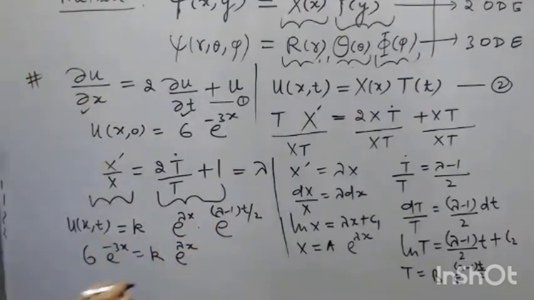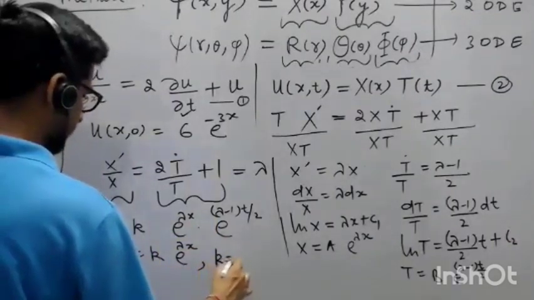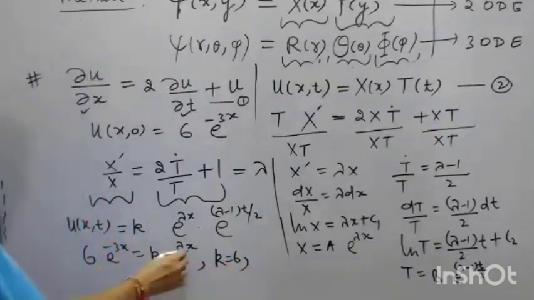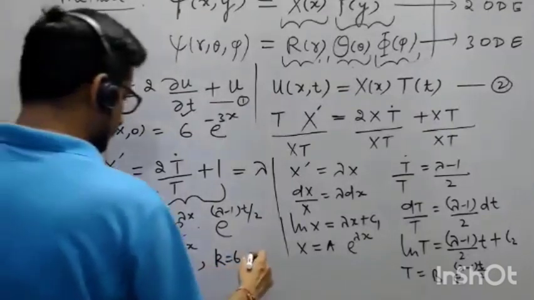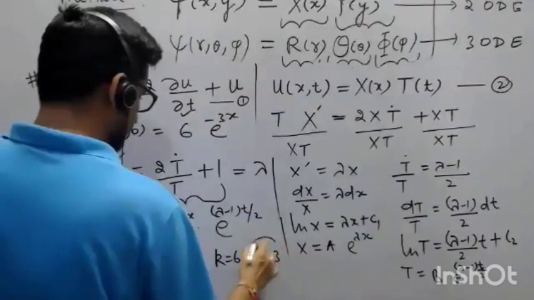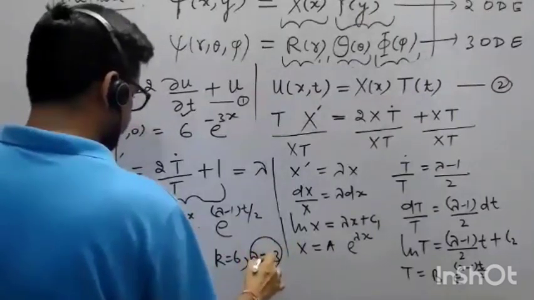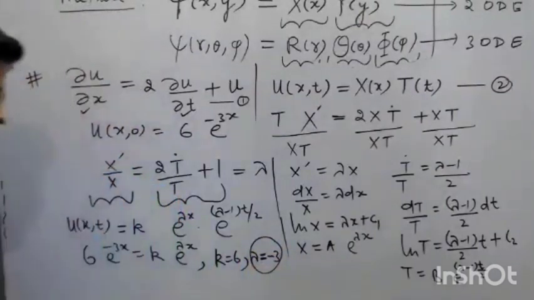So if you compare, k will be equal to 6 and lambda will be equal to minus 3.